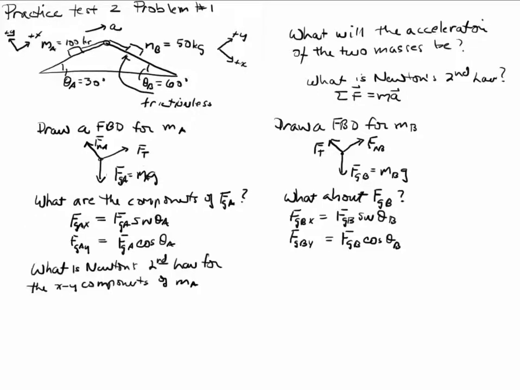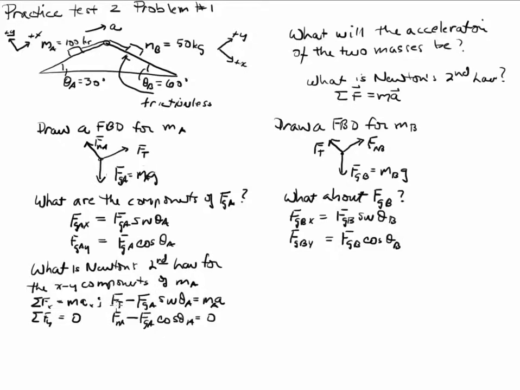What is Newton's second law for the X and Y components of mass A? Okay, let's look at your free body diagram. We're looking at the X component. That's going to be equal to the mass times the acceleration.